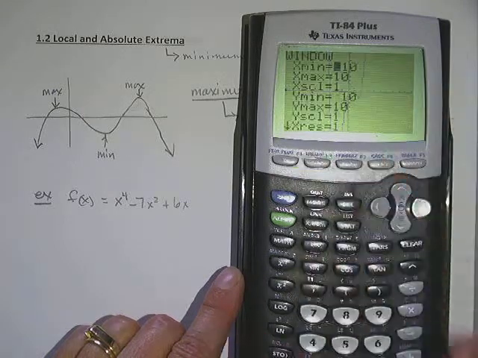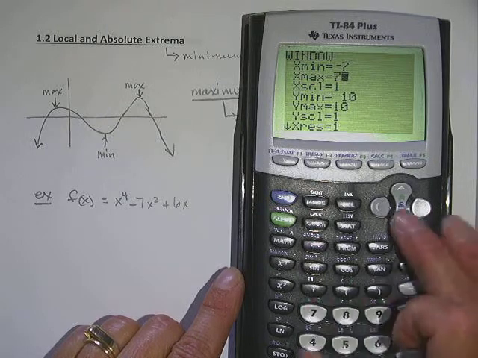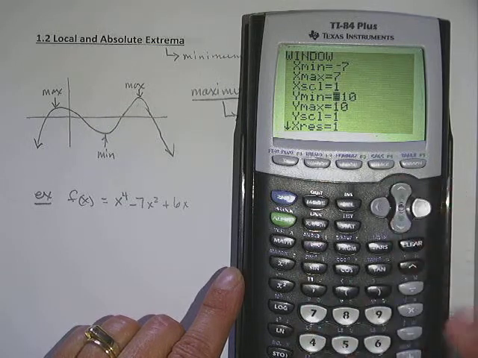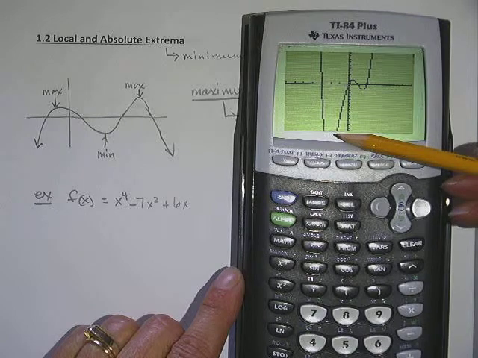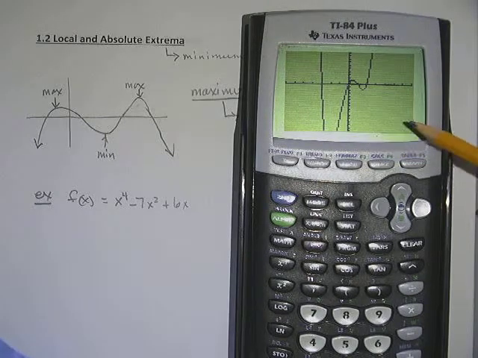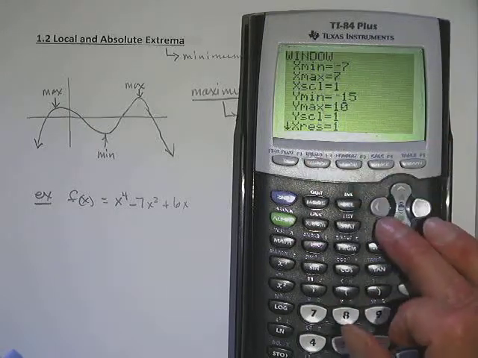So I'm going to have to change my window. And it looks like my y values need to go lower. My x min and my x max wasn't really wide, but my y min needs to be maybe at negative 15. And it goes down, up, and again. Wow. Okay, it still looks like we did not get there yet. Might have to go down a whole lot more.